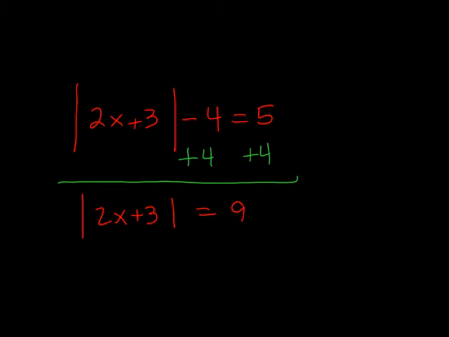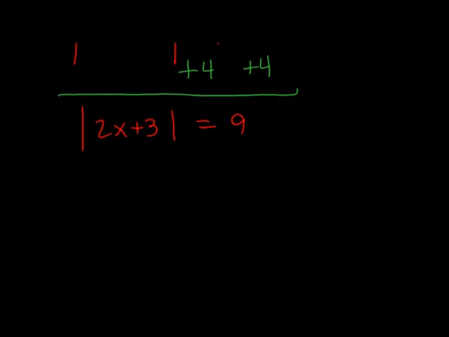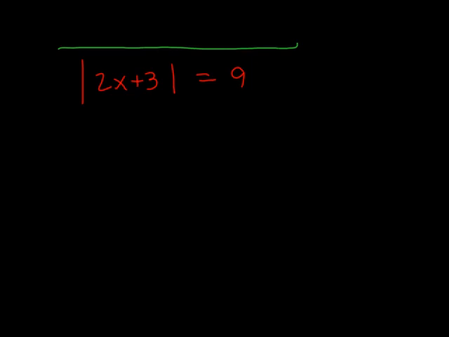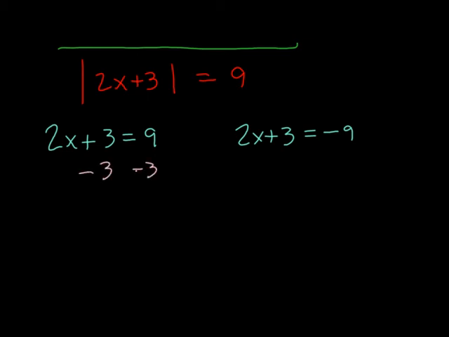Now this looks very similar to what we just did. Now that we have the absolute value expression isolated, we're going to write two separate equations. We're going to say 2x plus 3 equals 9 and 2x plus 3 equals negative 9. Again, we have to get rid of those 3's, so we're going to subtract 3 from both sides of the equation.